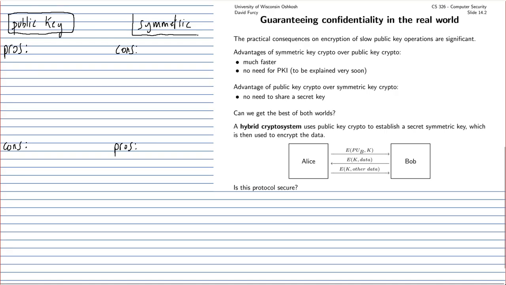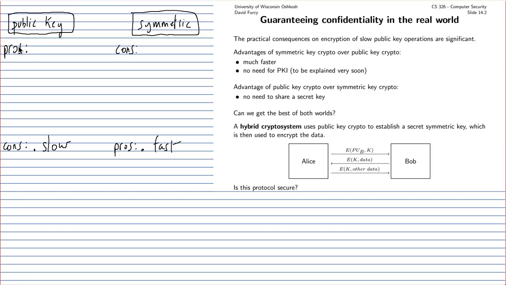So remember that the conclusion of the previous video was that one of the advantages of symmetric cryptosystems was that they were fast, in fact, much faster than the public key cryptosystems. So why are we not using symmetric key cryptosystems only and forget about public key cryptosystems?